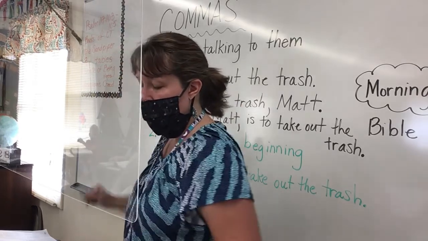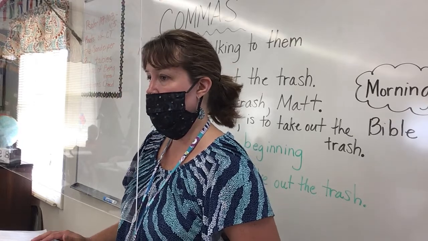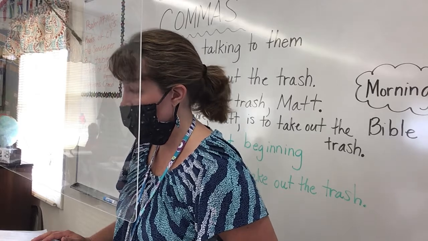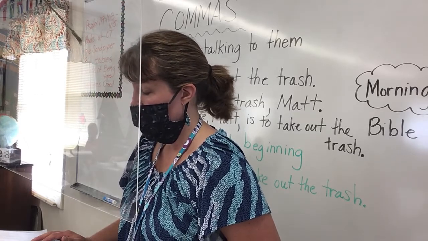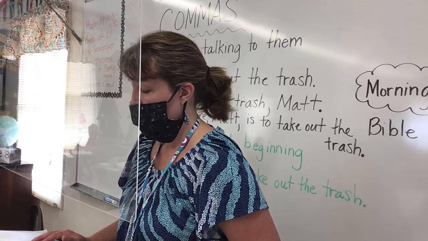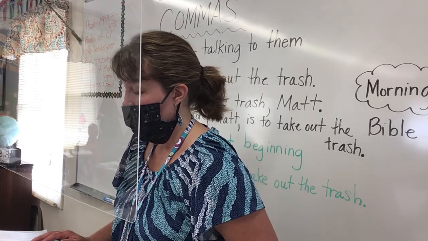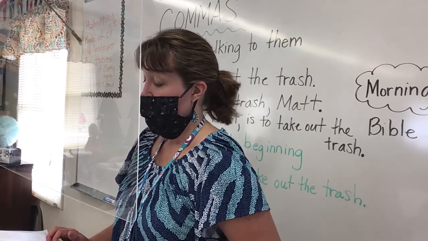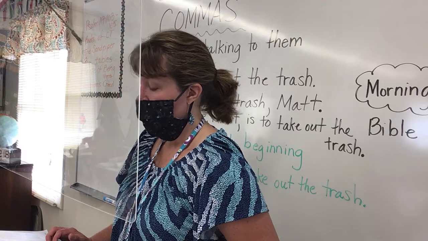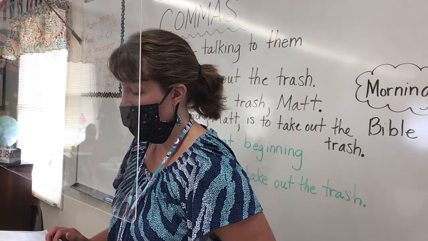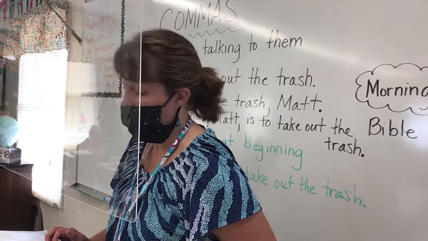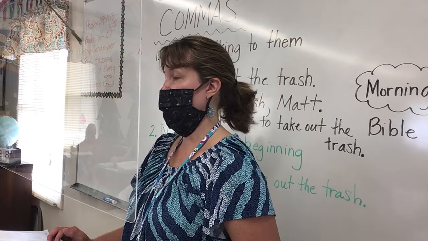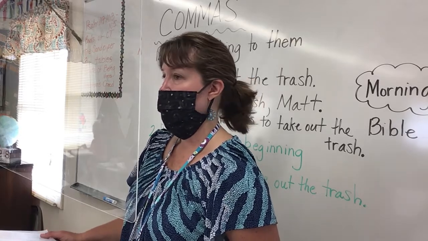Okay, Logan, number 3. They are drilling rigs that can dig for oil up to 6,000 feet down into the earth. Gavin, someone's name. Comma after 6,000 feet. No. You're not talking to they, though.